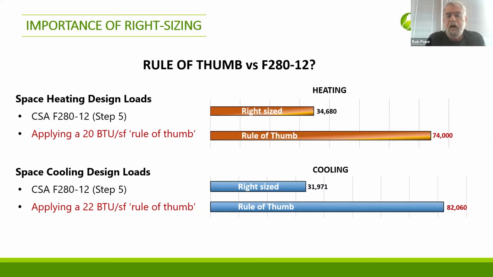On the cooling side, it's a similar situation. It's 31,009 and more than twice as much by rule of thumb. So this is the kind of mistakes that can lead to all those consequences that we just talked about.